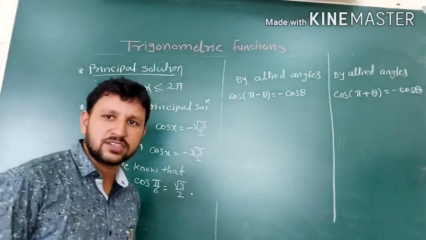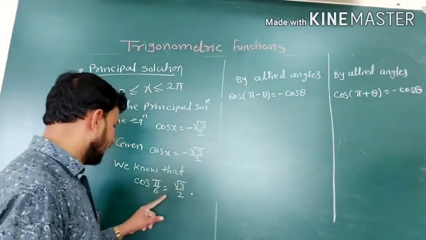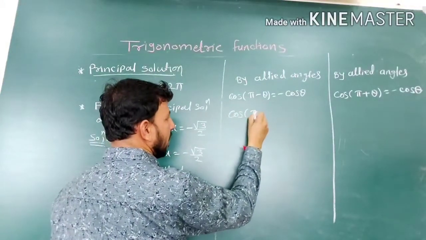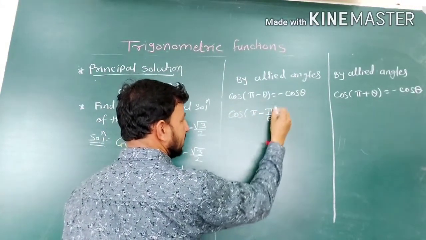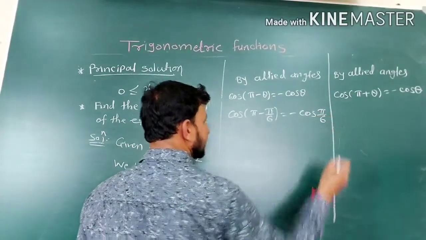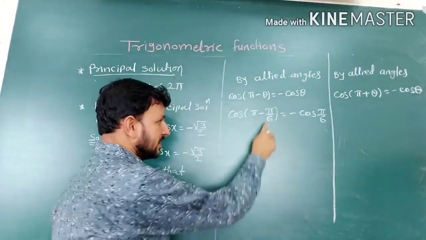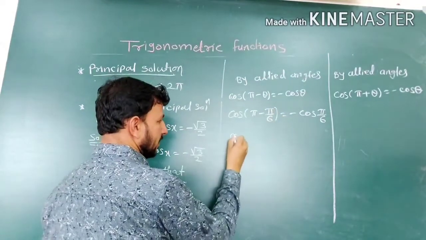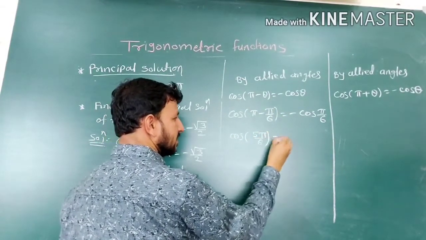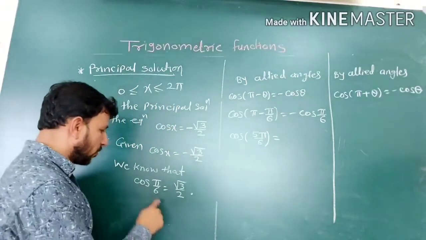In these equations, substitute the value of theta as pi by 6. Cos of pi minus pi by 6 is equal to minus cos of pi by 6. Then the difference, 6 pi minus pi, obtains 5 pi divided by 6, equal to minus cos pi by 6.